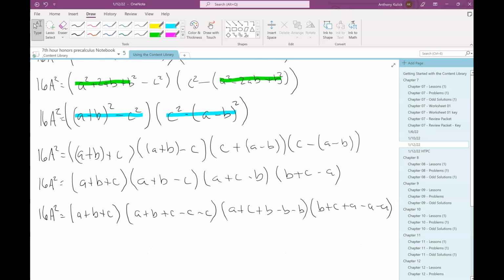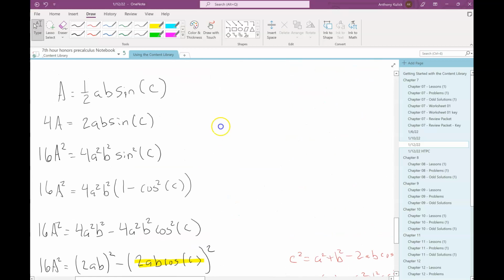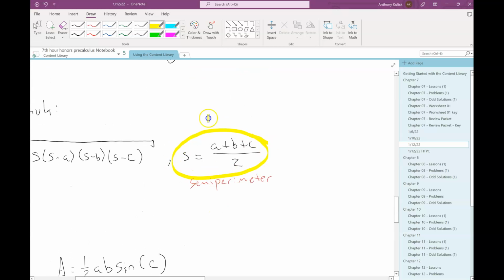Now, the question you guys should be asking is, why in the world would you want to have done this? What did that get you? If I look inside of each parenthesis, I have an a plus b plus c in there, right? What is a plus b plus c? It's got to be 2s. Everybody see that? That a plus b plus c has to equal 2s?